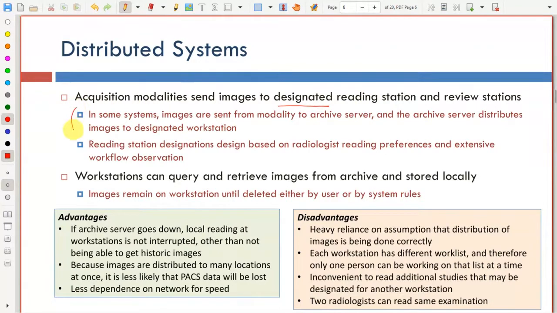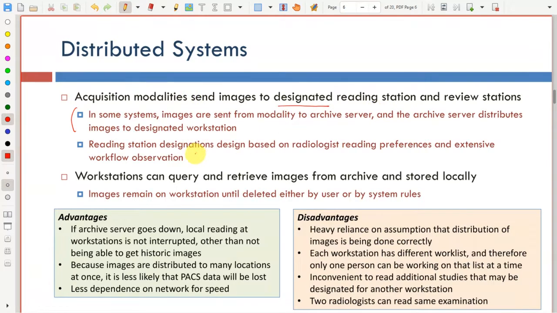The archive route is the exception. If you do it like this, then you're closer to client-server. This may happen in some cases, in some modalities, but not all of them. In order for it to be a distributed system, most of the connections have to be between the modalities and the workstations, not the server.